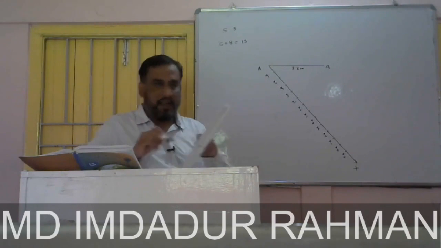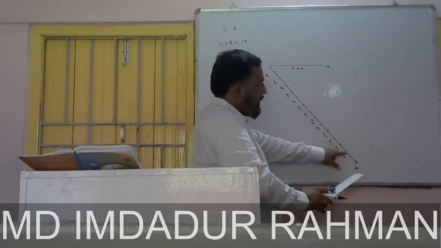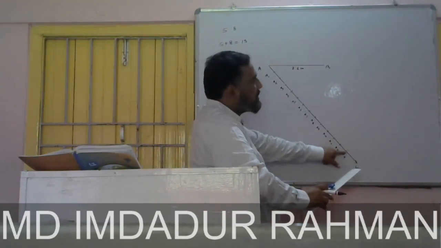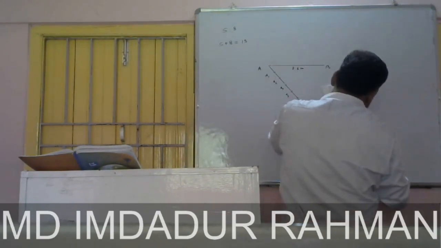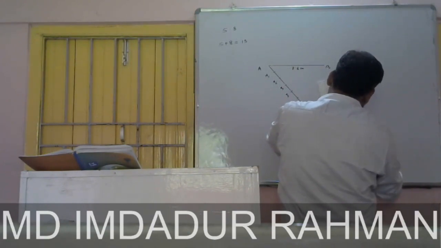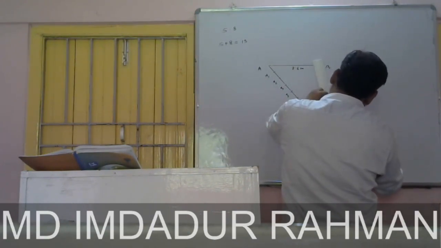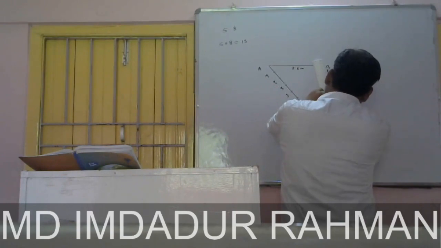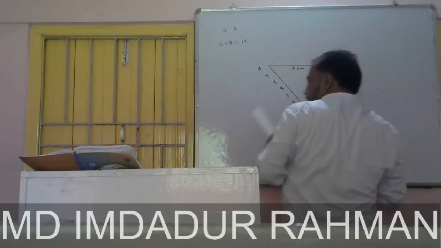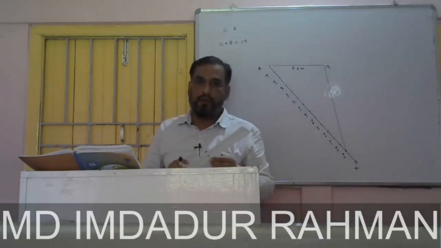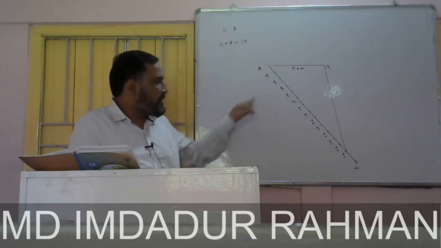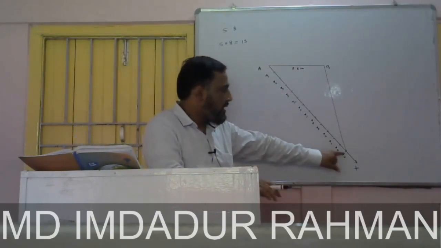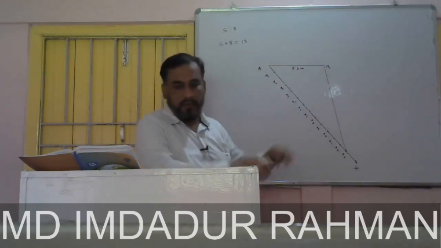Now, third step is join A13, that is the last point, to B. It will be better if you use a long scale for this construction. Just you see, I have joined A13 to B.